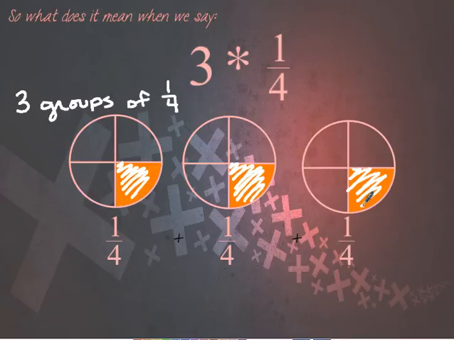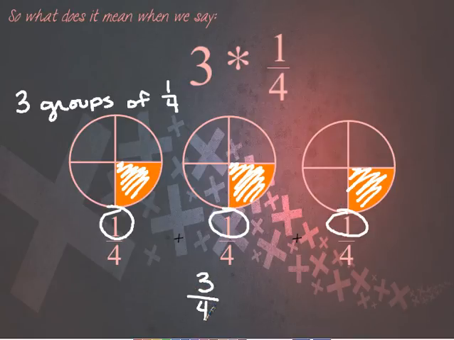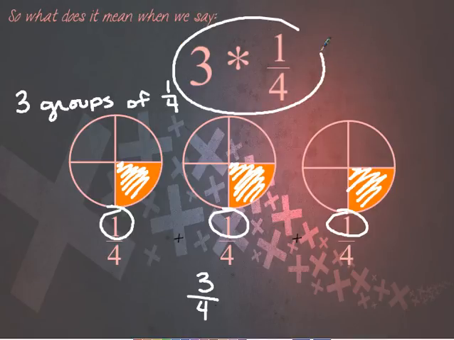If I were to do this just as repeated addition, I know that I don't add my denominators. I only add my numerators. So I would end up with 3/4, because there are 3 groups, and in each group there is 1/4, which gives me a total of 3/4. So again, 3 times 1/4 is going to give me 3/4.